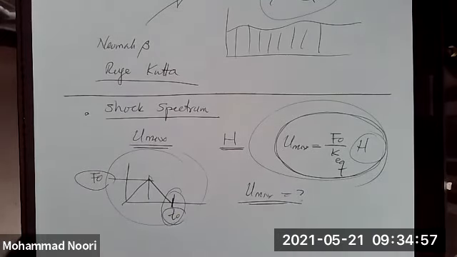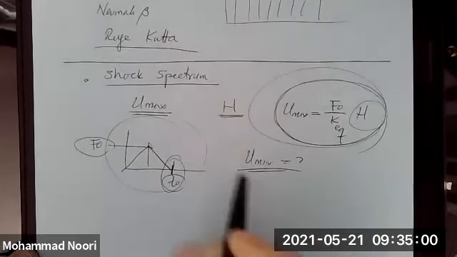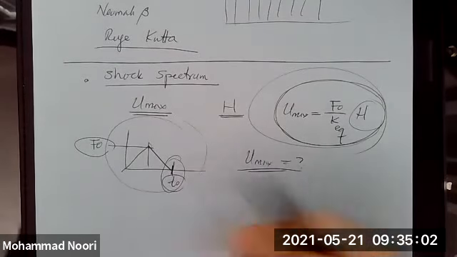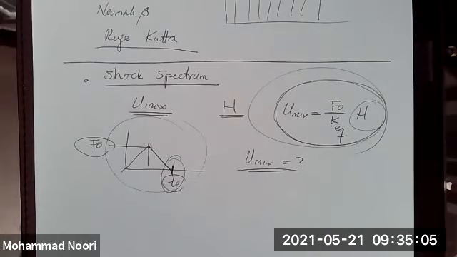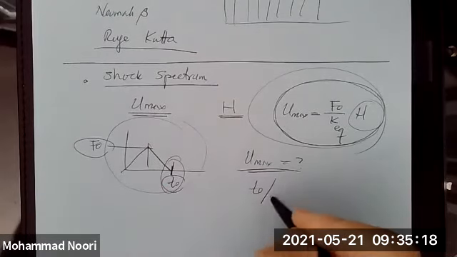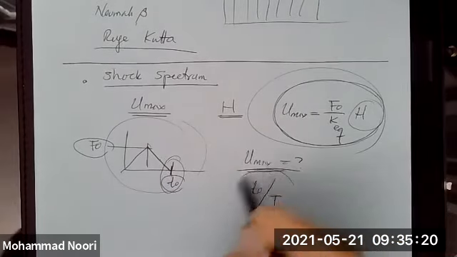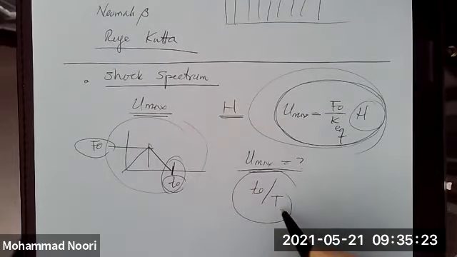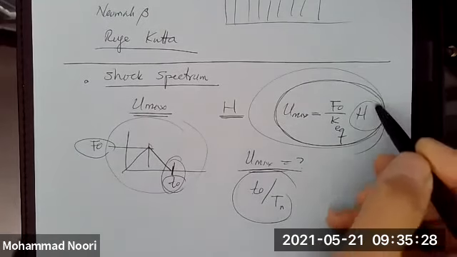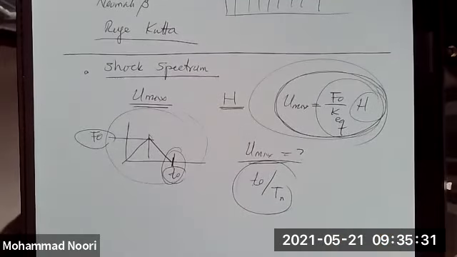In practice, in fact, we do this. Every system has its natural frequency. So is it possible that we find a function of this non-dimensional variable, time duration over the natural period of the system, and come up with a relationship like this? That is called response spectrum, okay?